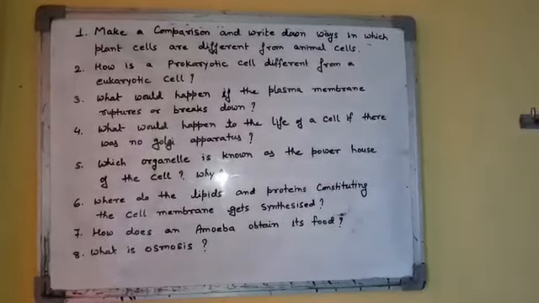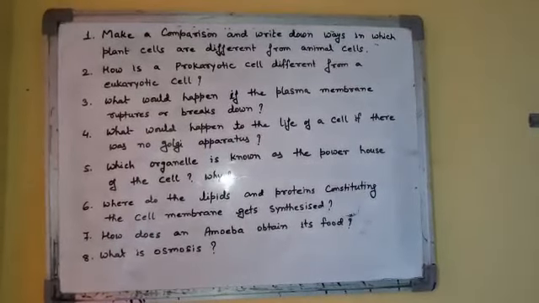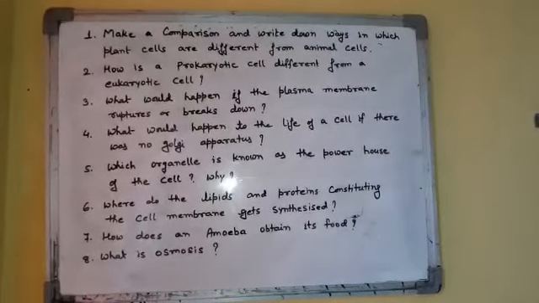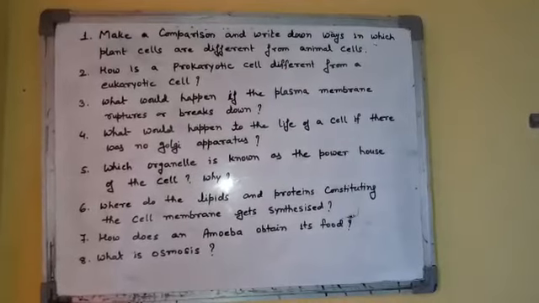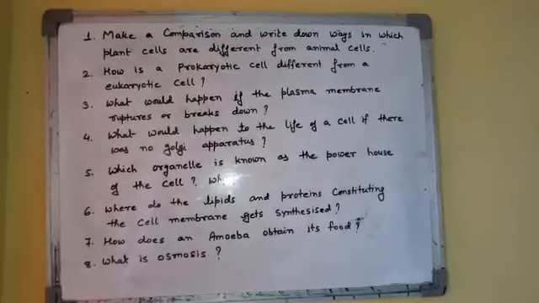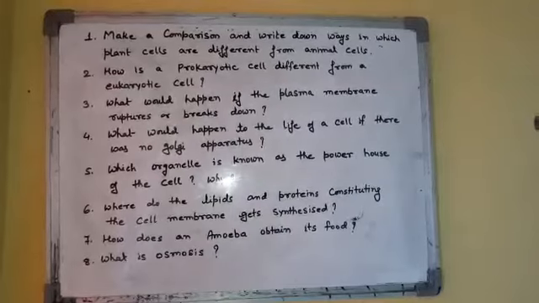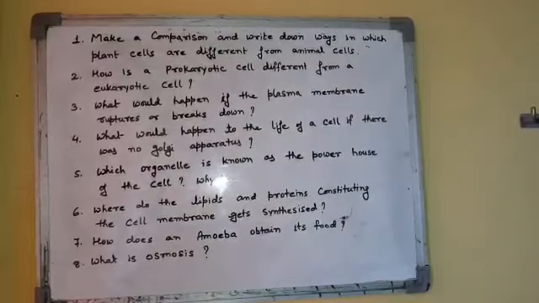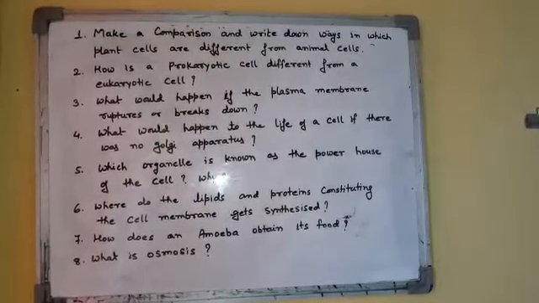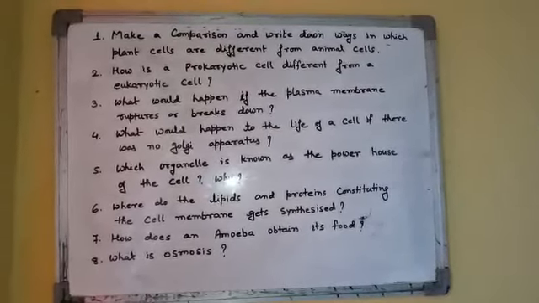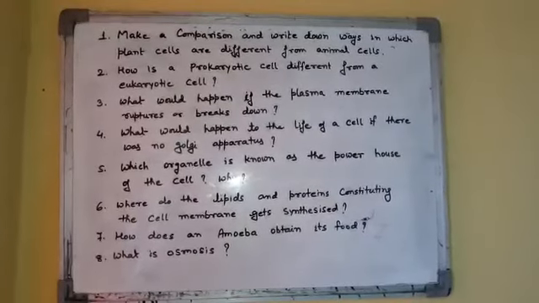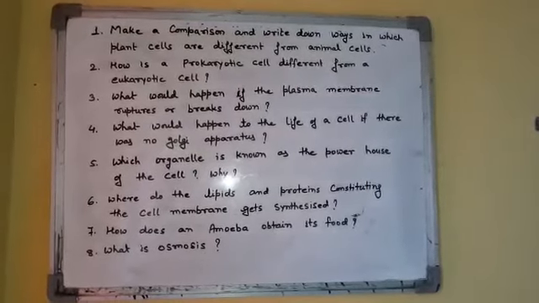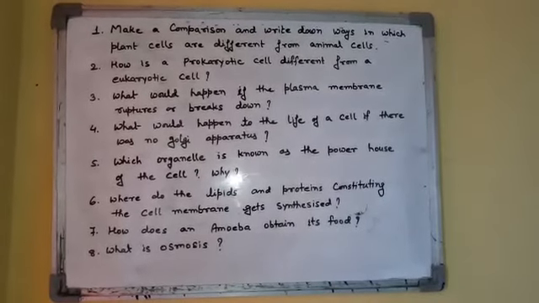You will differentiate on the basis of its size, its shape, whether it is irregular or fixed, and on the basis of various cell organelles like plastids, lysosomes, centrioles, Golgi complex, etc. You will tell about the rigidity also in both plant cells and animal cells. So in this way you will differentiate between plant cell and animal cell.